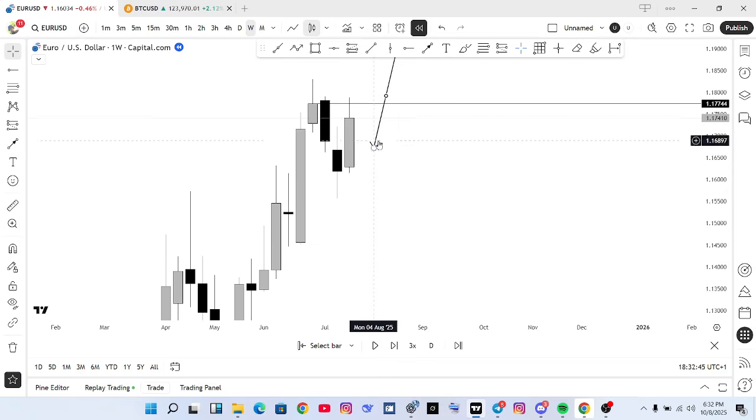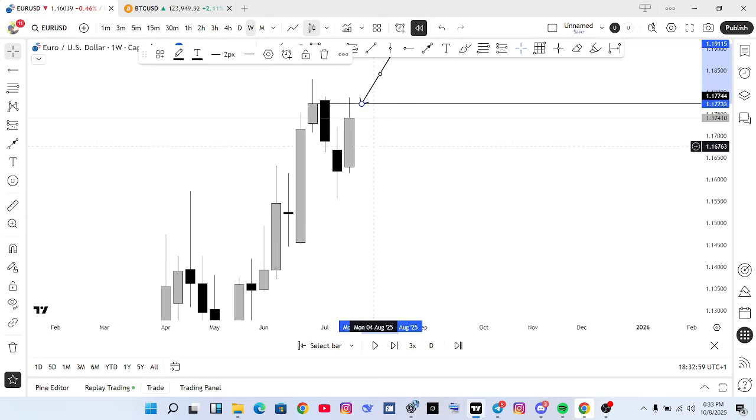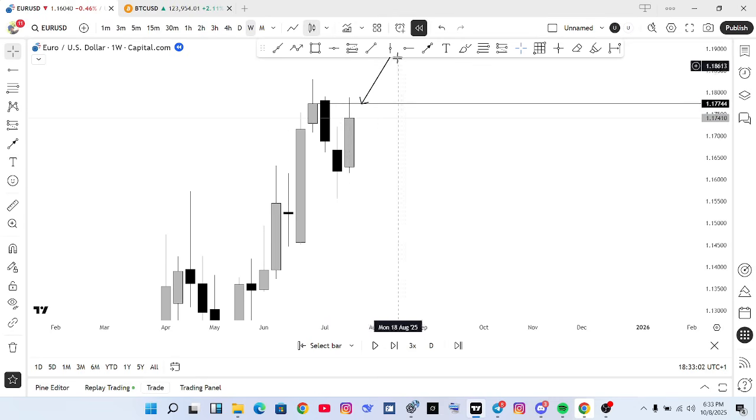In this case, this weekly candle is rejecting from here. Now when we go to our daily time frame and look for a confirmation, we'll say that it's a confirmation that this is where price is coming from. But if price is rejecting from here, where will this price be going to? We have this level here.